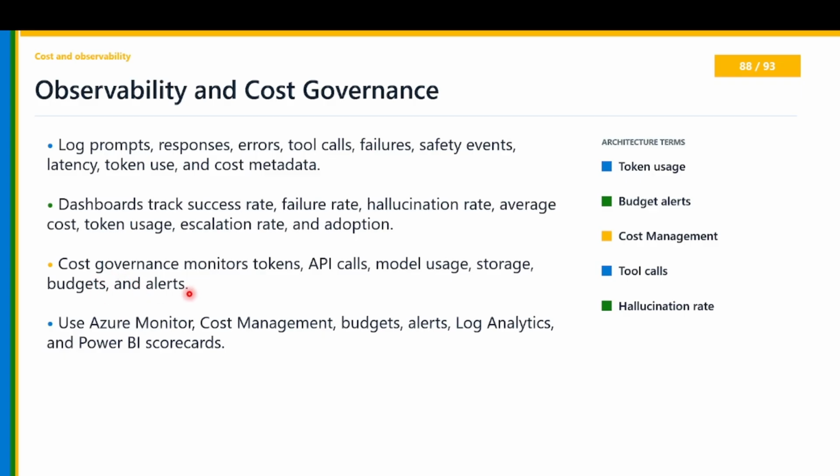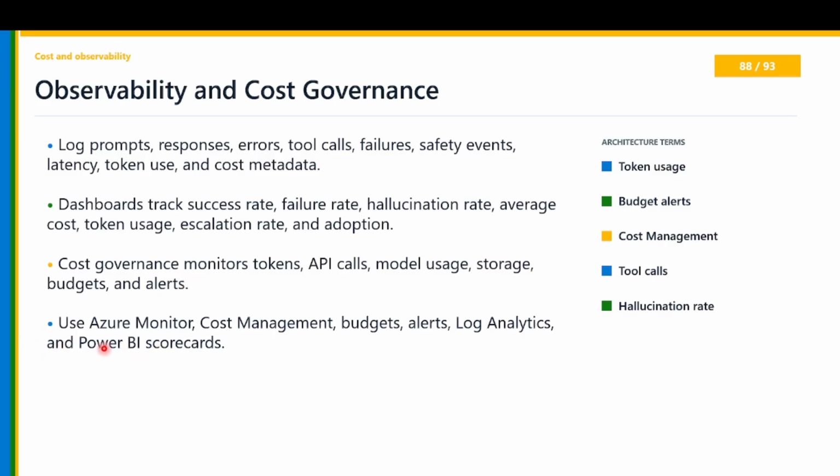Then we have cost governance. Cost governance monitors token usage, API cost, model usage, storage, budget, and alerts. All these are metrics that you can collect under cost governance and use to determine your total cost of ownership of the agentic AI system application.